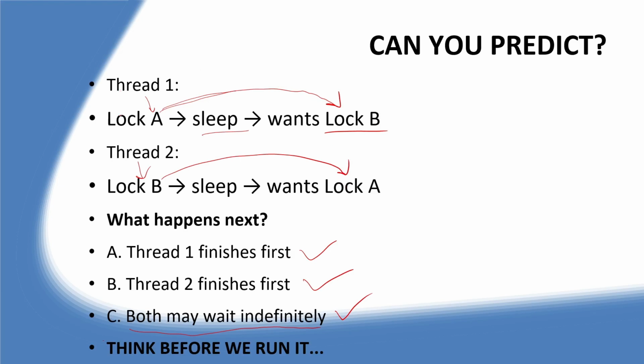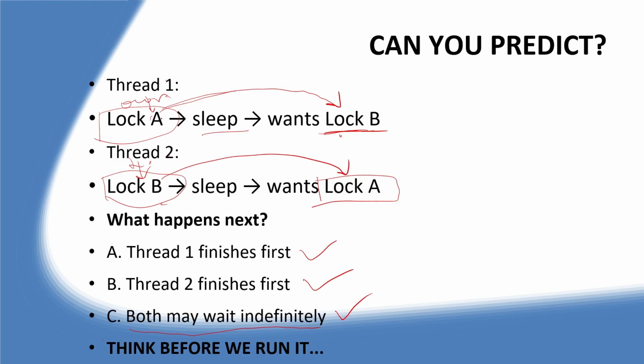Thread 1 is owning lock A, and it is trying to acquire lock B. Lock B is currently acquired by thread 2. So thread 1 cannot acquire lock B until thread 2 releases lock B. And vice versa. Thread 2 is owning lock B and trying to acquire lock A, which is currently acquired by thread 1.